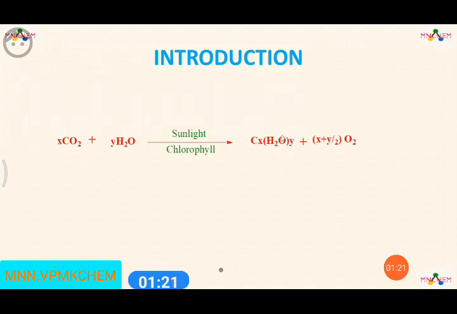So carbohydrates are prepared or synthesized in this photosynthesis process, which takes up carbon dioxide and, in presence of water, sunlight and chlorophyll, converts it into these sugars or carbohydrates, with the evolution of oxygen, which is again an important life-saving gas.